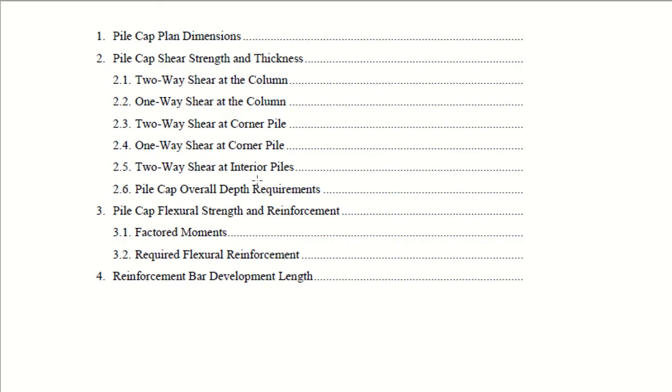Then two way shear at interior piles. Okay, pile cap overall depth requirements. So these will be the checks that we will discuss for the shear. Then for the flexure, pile cap flexural strength and reinforcement, factored moments, required flexural reinforcement, then reinforcement bar development length, and finally we will compare the results with the finite element solution.